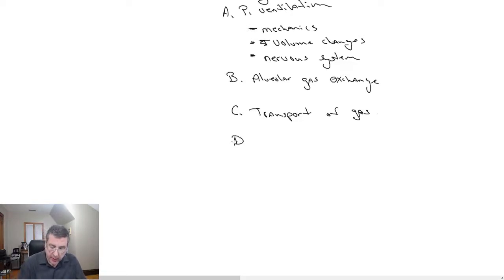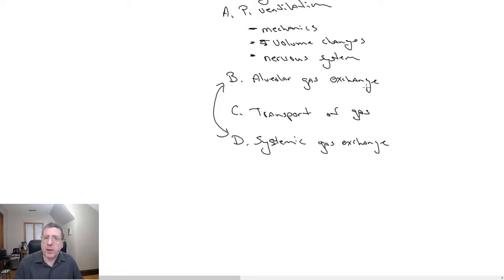And the final thing will be kind of just the opposite of this one, which would be systemic gas exchange. So we have the alveolar gas exchange, which is the exchange of gases within the lungs. The systemic gas exchange is basically just the opposite of that, but we're doing it at the cellular level.